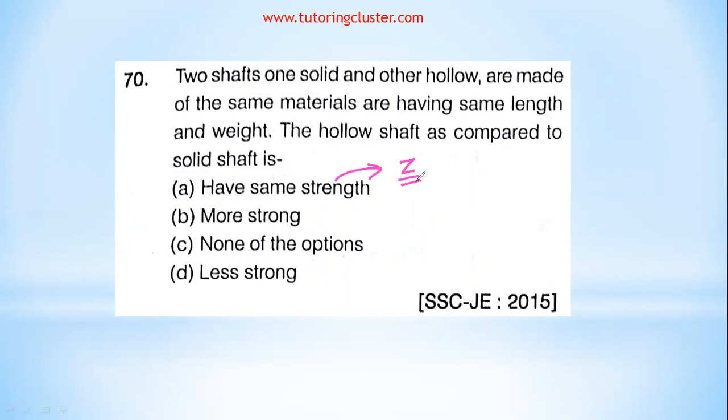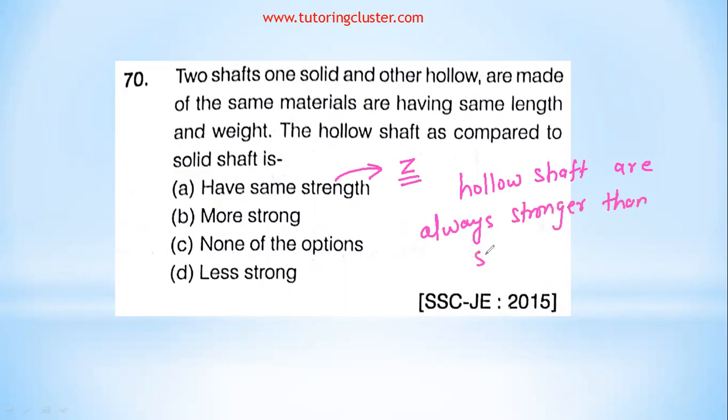Now you have to remember here, hollow circular shafts are always stronger as compared to solid shafts. This thing you have to remember. This is based on section modulus. You can calculate the section modulus and you will come to this conclusion.